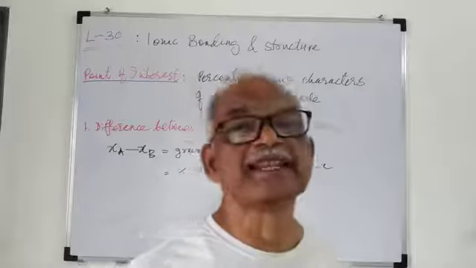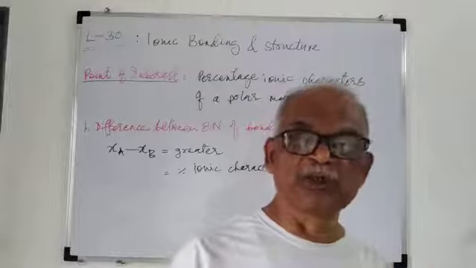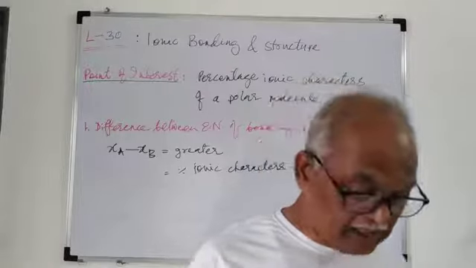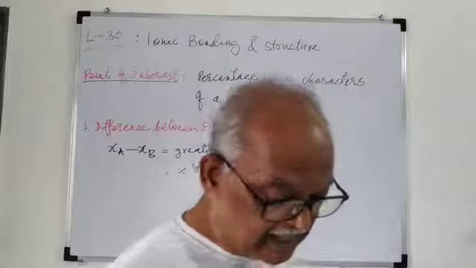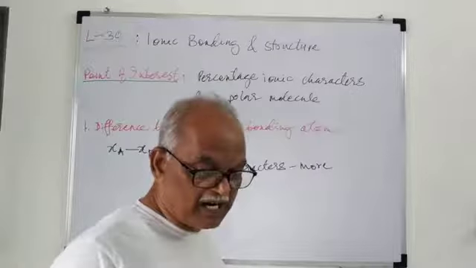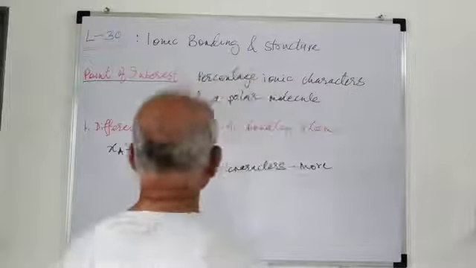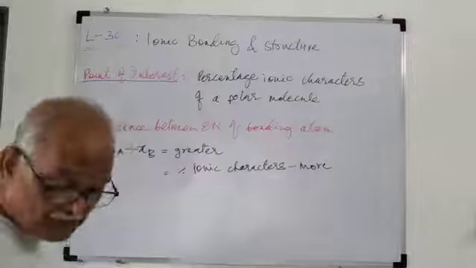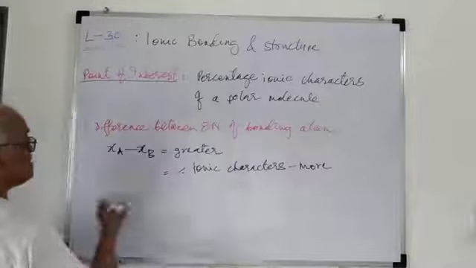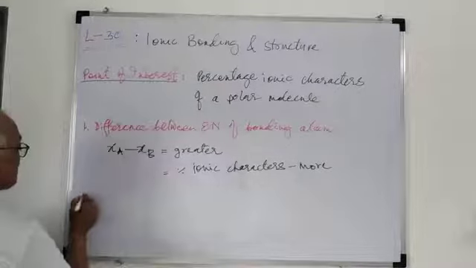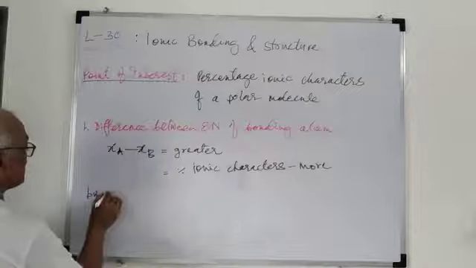So we can say that the bond is polar, it is more ionic in nature, and in such a case the percentage ionic characters are calculated by using Pauling's equation.